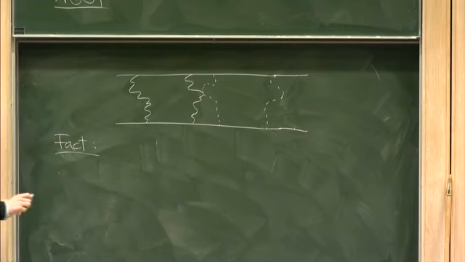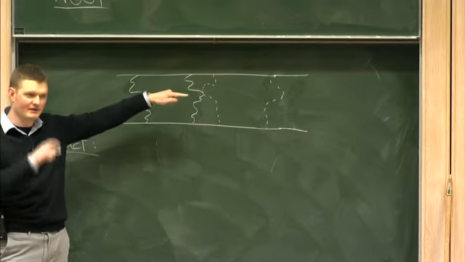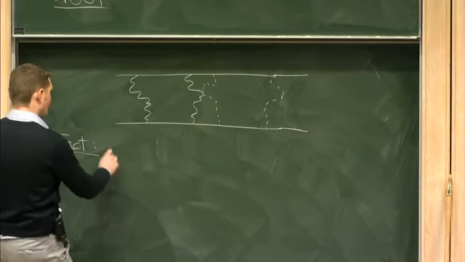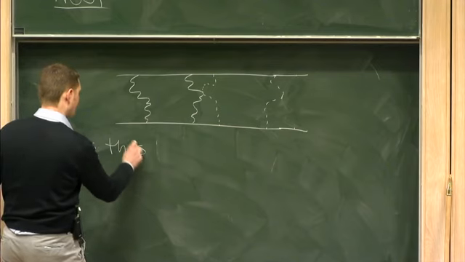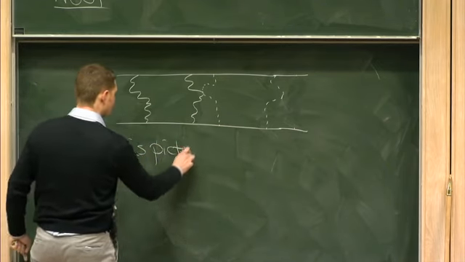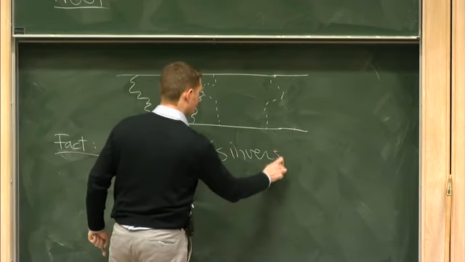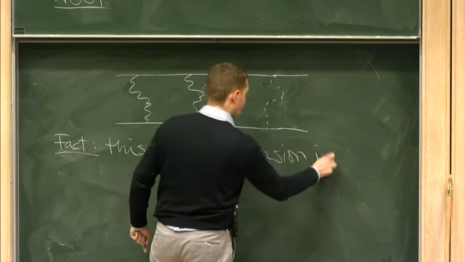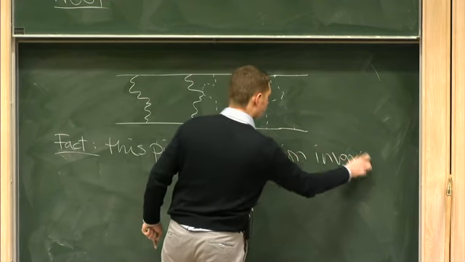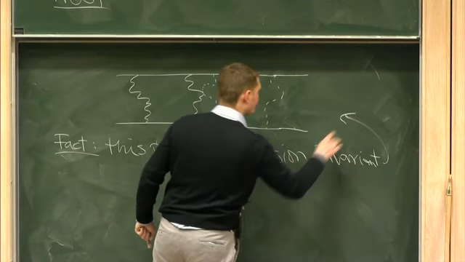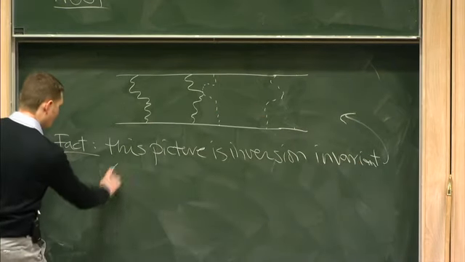So the fact is not apparent from the construction because we constructed it going in this direction. So that picture is inversion invariant.